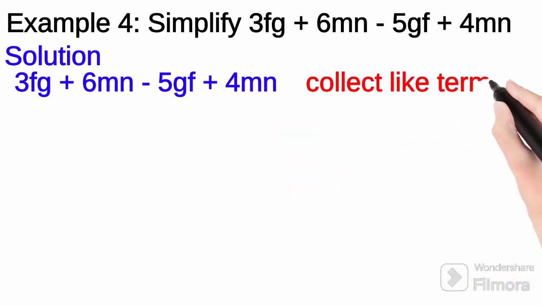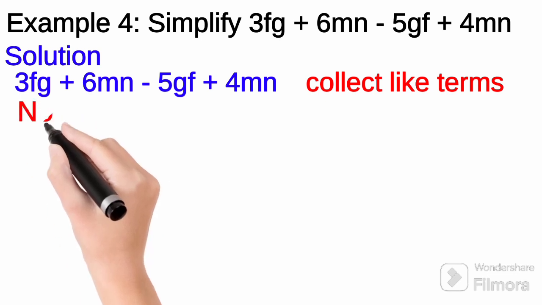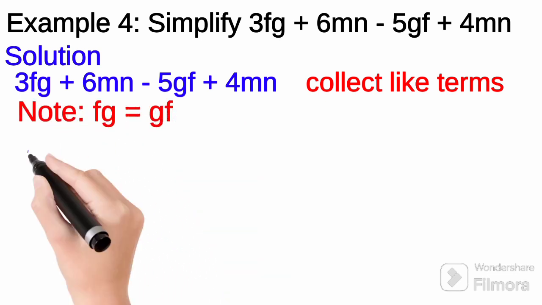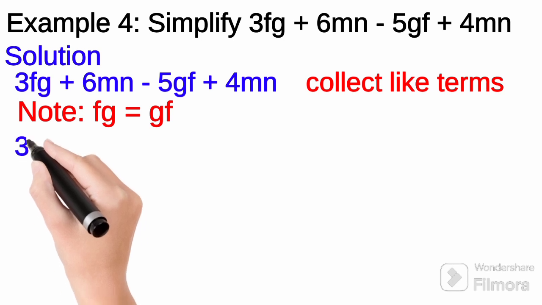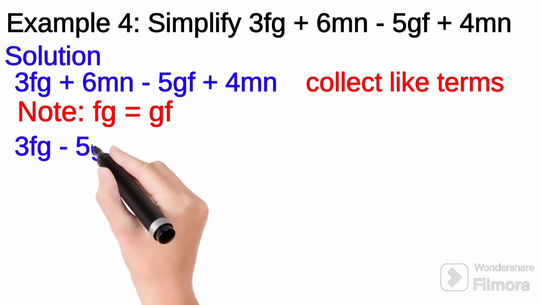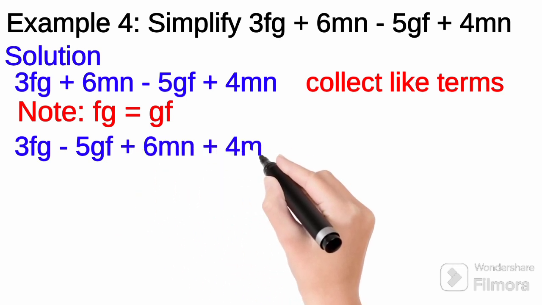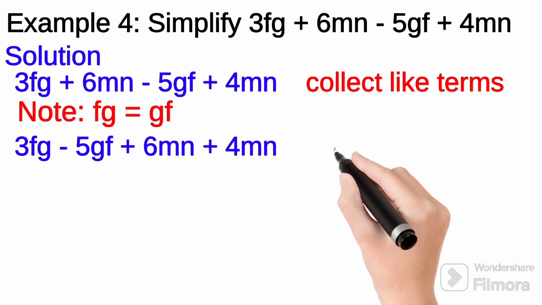The next, collect like terms. Remember, in algebra, fg is the same thing as gf, they're in the same family. So 3fg minus 5gf plus 6mn plus 4mn.